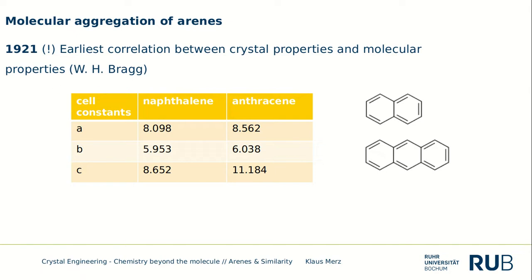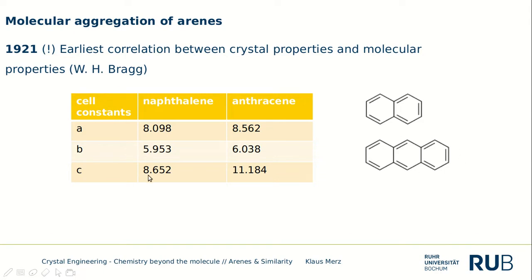1921, they were not able to determine the molecular crystal structure, but it was possible to define the cell constants. What we see is the A-axis is nearly similar and the B-axis also roundabout. A little bit expanded, it makes sense because the molecule is a little bit enlarged.